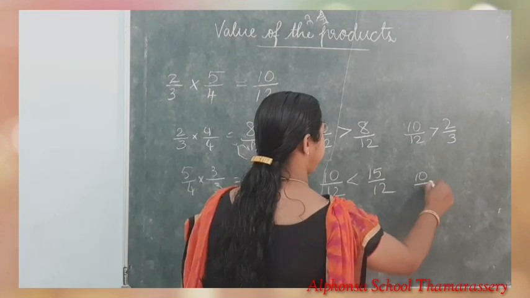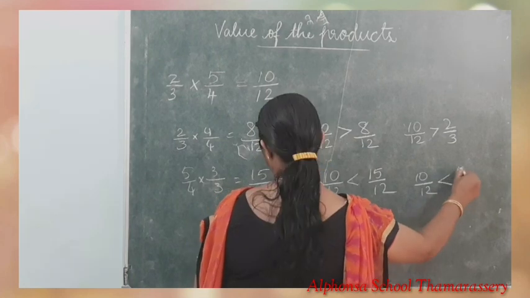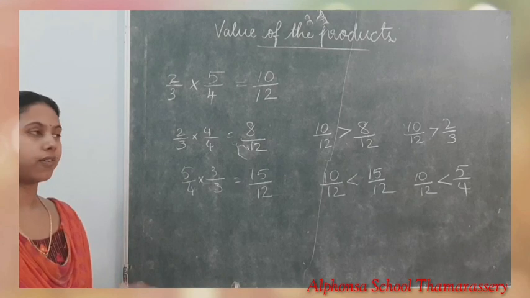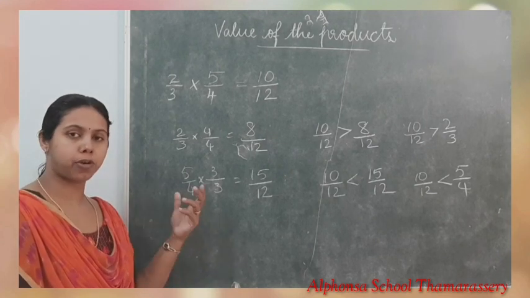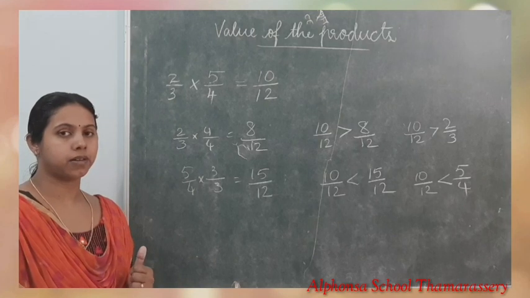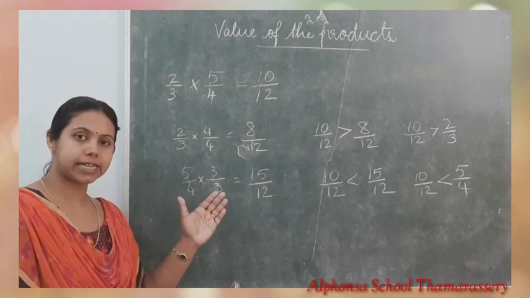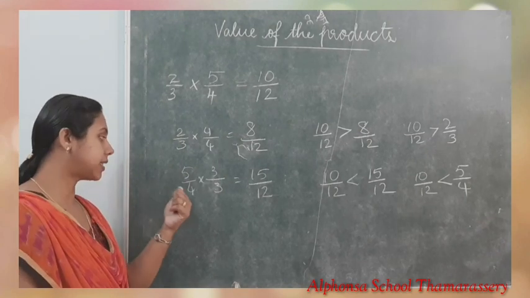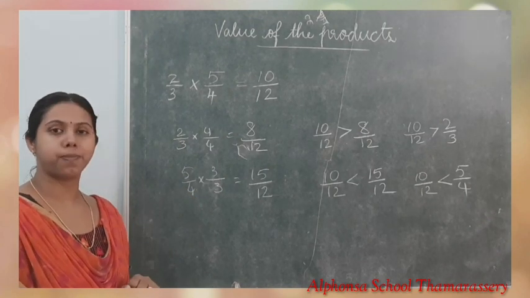So 10 by 12 is less than 5 by 4. It's clear that the product of a proper fraction and an improper fraction is greater than the proper fraction, but less than the improper fraction.